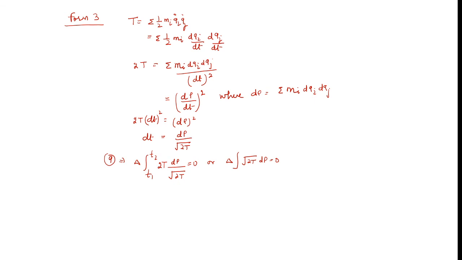Now we know that H is equal to T plus V, so T may be written as H minus V. So this takes the form delta of the integral of square root of twice (H minus V) d rho is equal to 0.